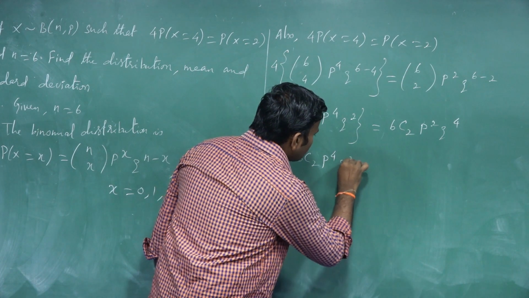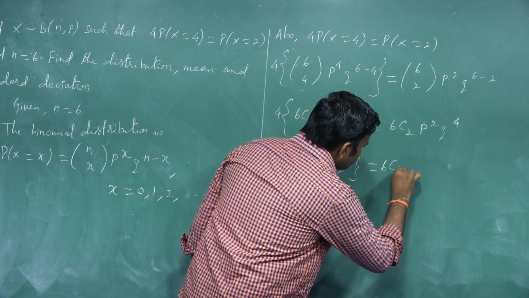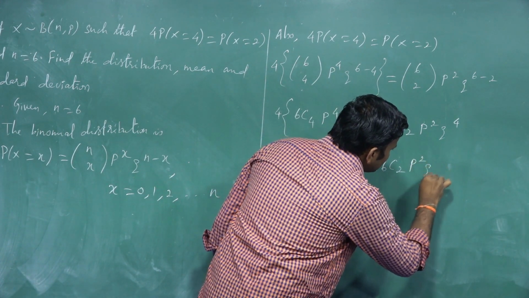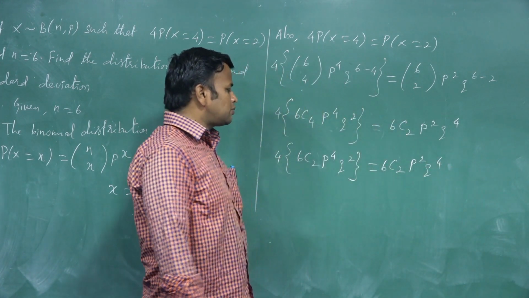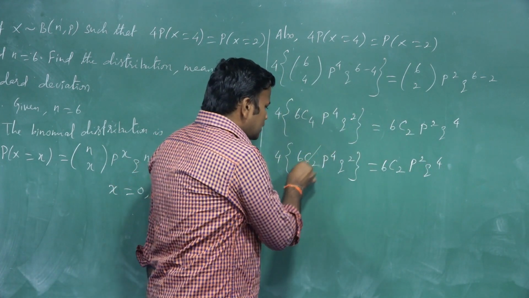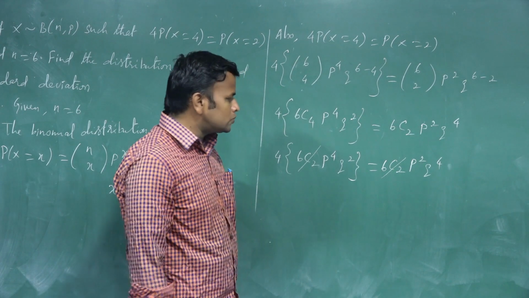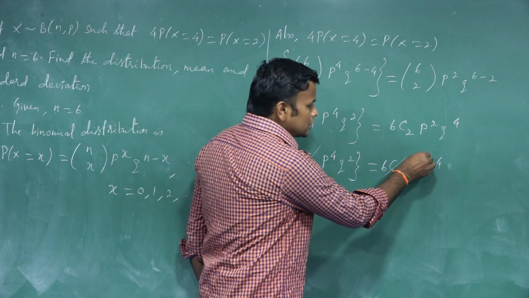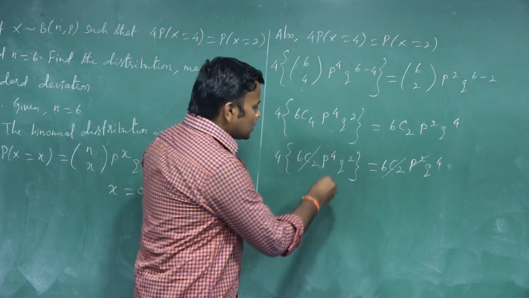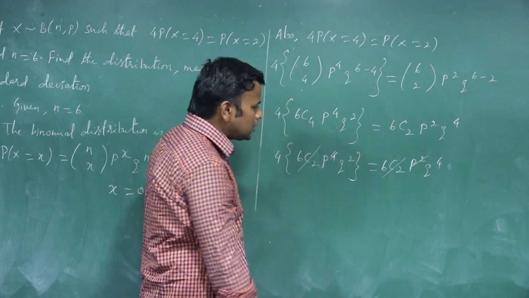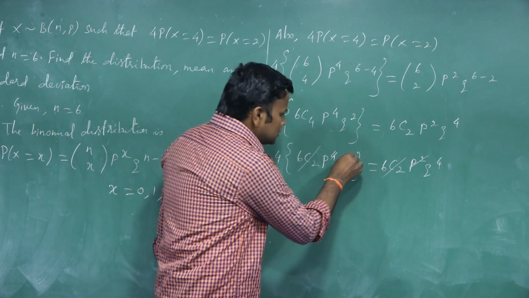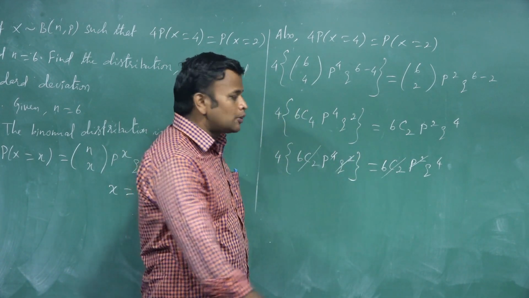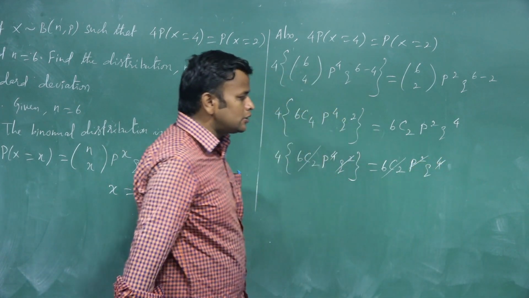P power 4 into q square equals P square into q power 4. You see some terms are cancelled. 6C2 is directly cancelled. P power 4 and p square: p square is fully cancelled, some power is remaining, so we cancel in power. And this q square is fully cancelled, some power is remaining, so I cancel the power.